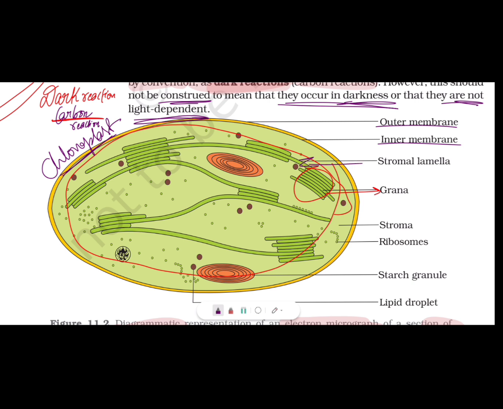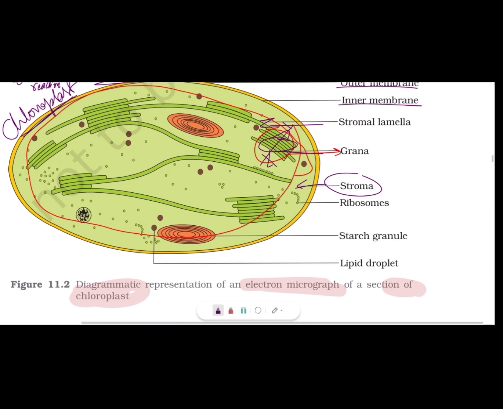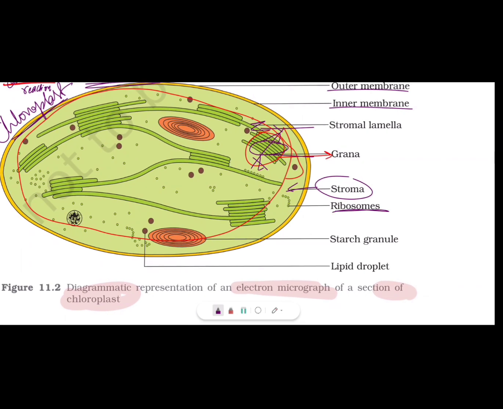The stromal lamellae helps in the joining of grana, and the stack-like arrangement is known as the grana. This is known as stroma, and the small green inclusion bodies are known as ribosomes, and these disc-like structures are called starch granules, and these are the lipid droplets.